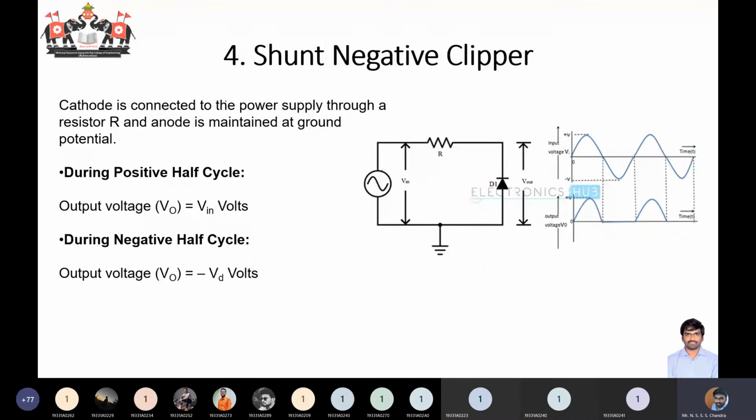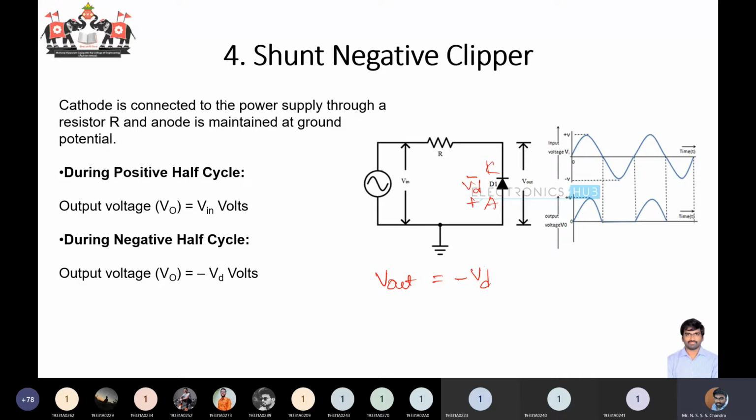Then coming to the shunt negative clipper, here we have this anode and this cathode, so this will be negative and this will be positive. When the diode is conducting, your V naught will be equal to minus Vd, because both are in parallel.